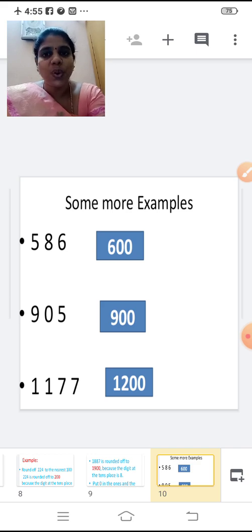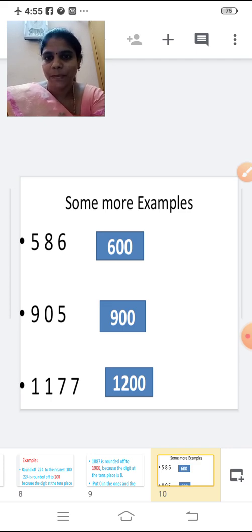1177. Now tell me what digit you are having in the tens place? 7. If it is 5 or greater than 5, what you have to do? Place zeros at the ones and the tens place. Then you're going to add 1 to the digit at the hundreds place.